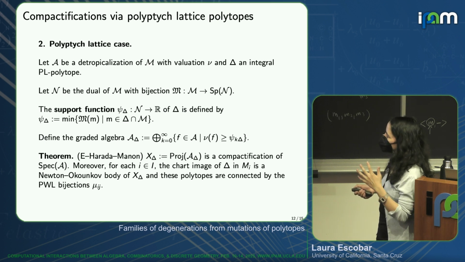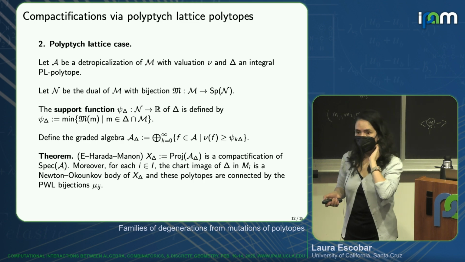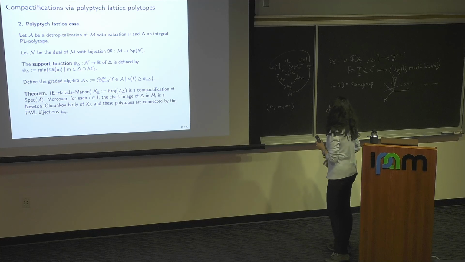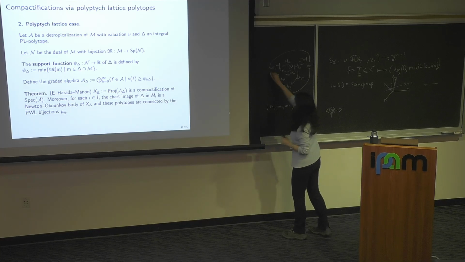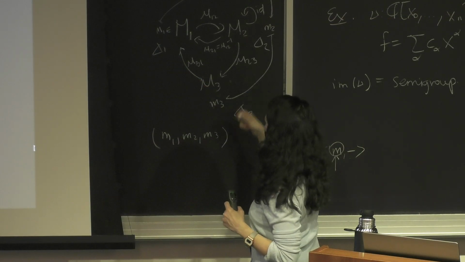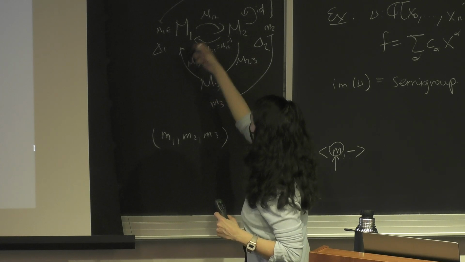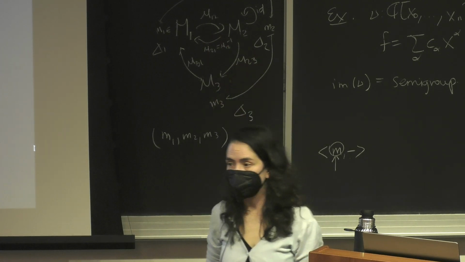Sorry, I kept reading this as a toric variety, but no, it's probably not going to be a toric variety. So for each chart image, you have various toric varieties associated to your compactification, and these polytopes are connected by piecewise linear bijections. So you have delta 1, delta 2, and delta 3. You have 3 toric varieties, and the polytopes associated to them are connected by these piecewise linear bijections.